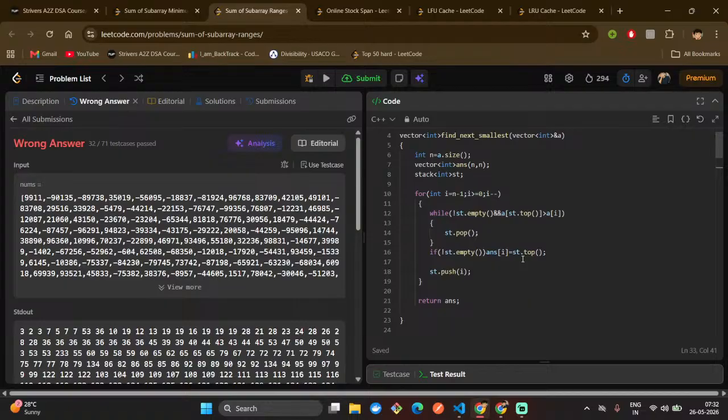This element is the first one. Next smallest element, like, so it is what? So that's enough. Why this?